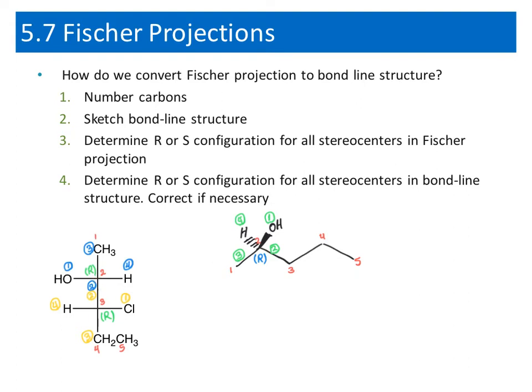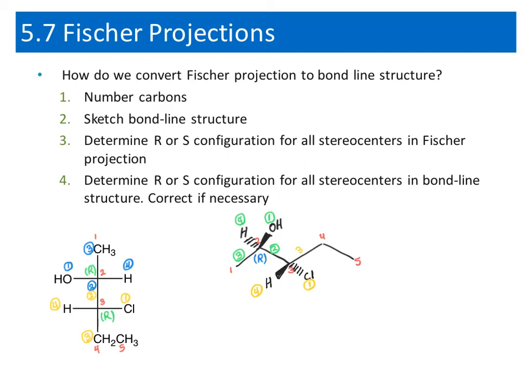Now for carbon 3, I need to do the same thing. On carbon 3, we have chlorine and hydrogen attached. I'm going to put the hydrogen in wedge and chlorine in dash. So now let's figure out the configuration here. Chlorine is number 1. Hydrogen is 4.